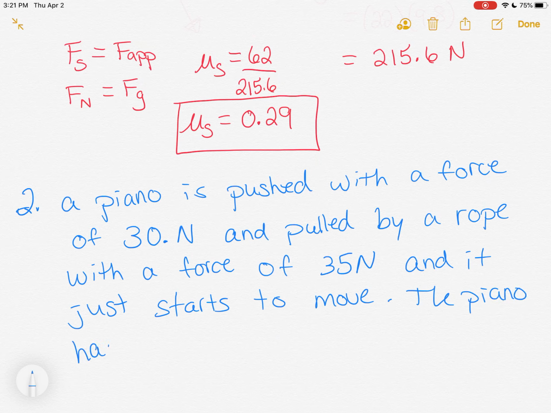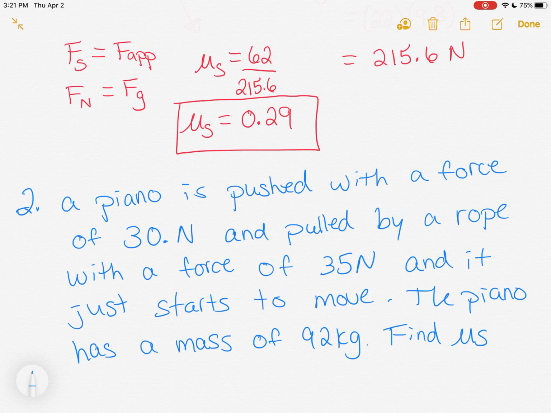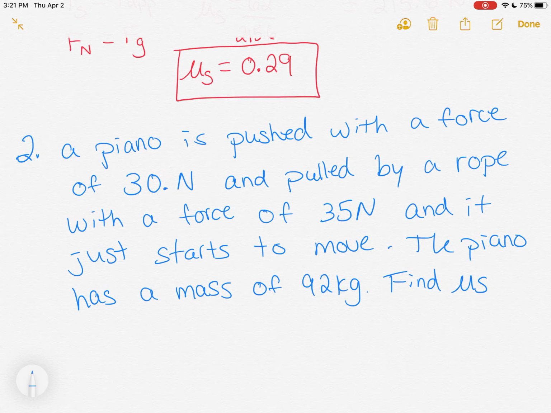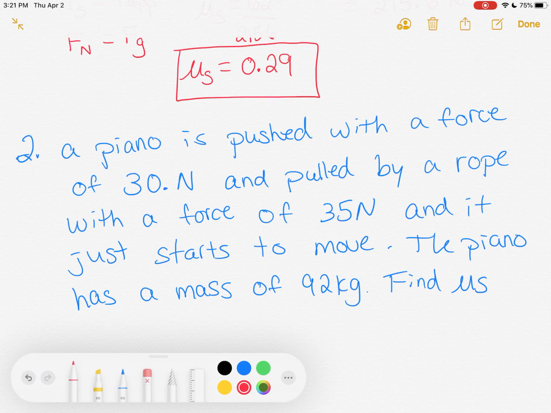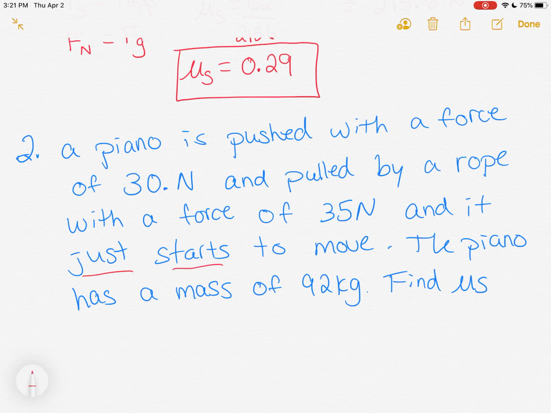The piano has a mass of 92 kilograms. And this question is going to ask us to find mu s, which is nice. It's telling us right away, even though we could tell from the fact that it was just starting to move, that we're dealing with static friction.